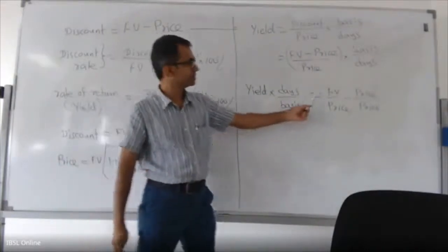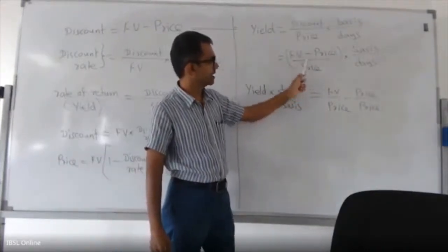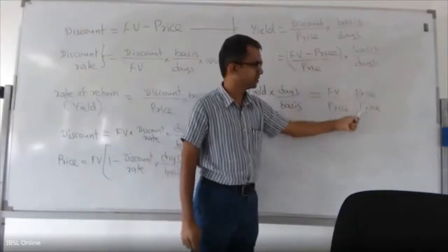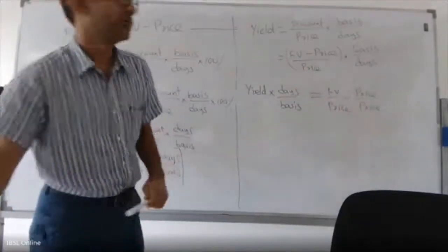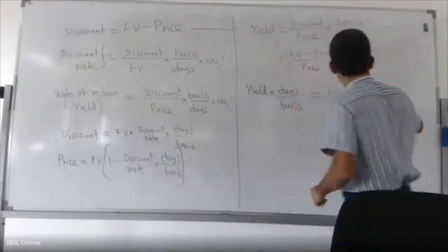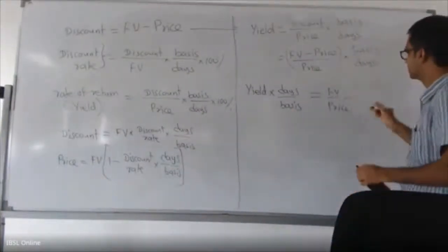Is it clear? Face value divided by price minus price over price, which is equal to 1. So therefore I can write it as 1.